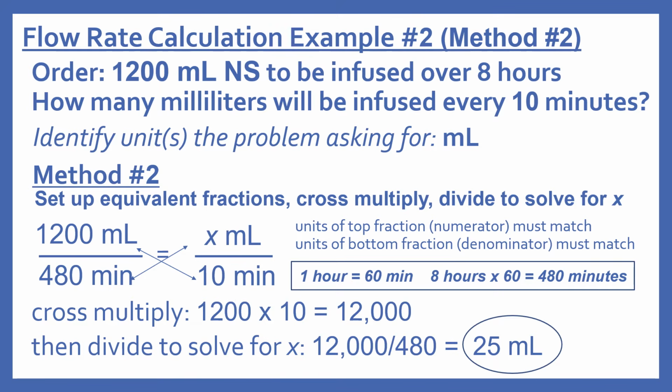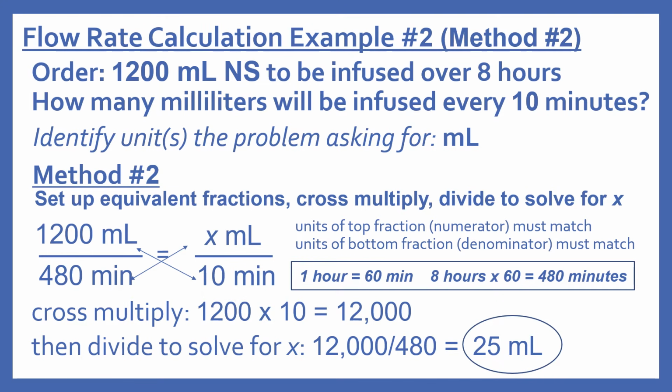So we know 1200 milliliters, and we're going to set that over 480 minutes. And in the rectangular box here, I have how I converted the 8 hours into 480 minutes. So 1 hour equals 60 minutes, and there are 8 hours here, so 8 hours times 60 equals 480 minutes.